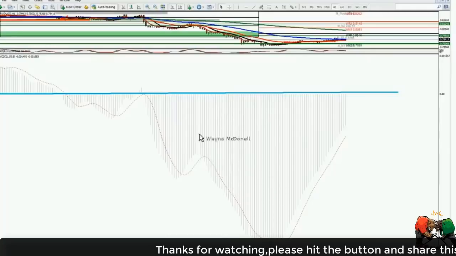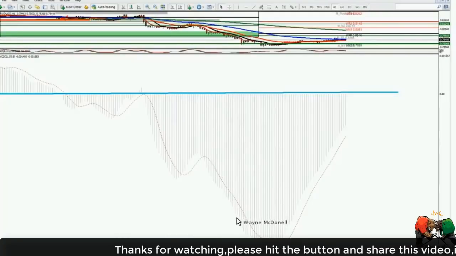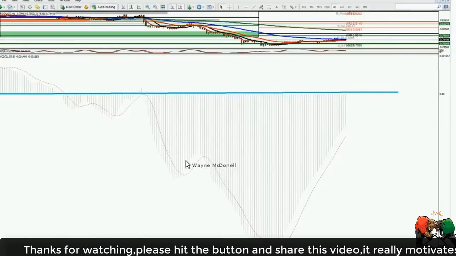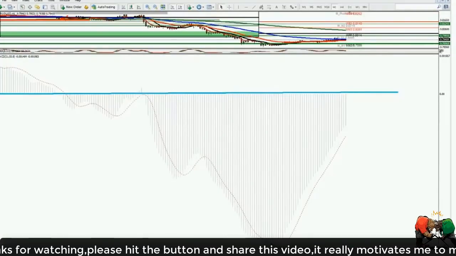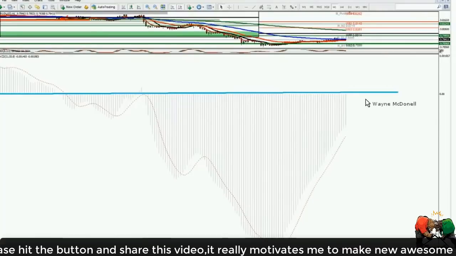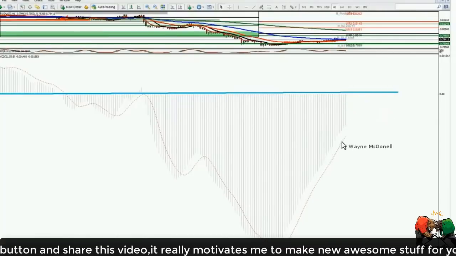When they're moving away from the water line, they're diverging. So aggressively bearish, conservatively bearish, aggressively bearish, more and more conservative, but still technically bearish.